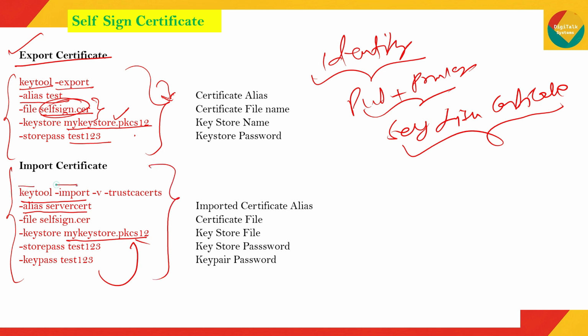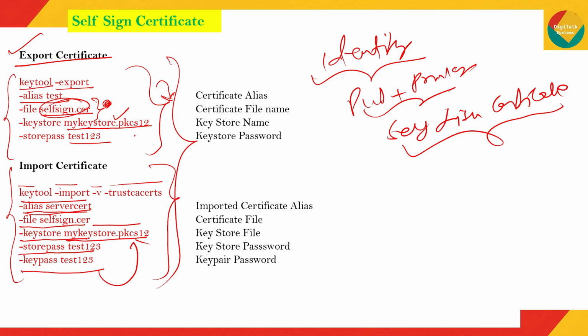So this is the command to import the certificate: keytool -import -v -trustcacerts, then -alias, where you can give a new alias for your self-signed certificate. This is the file where we have exported our certificate. This is our keystore, this is our keystore password, and this is our key password. So this is the command that we can run to import the certificate in our identity keystore, and this is the self-signed certificate.